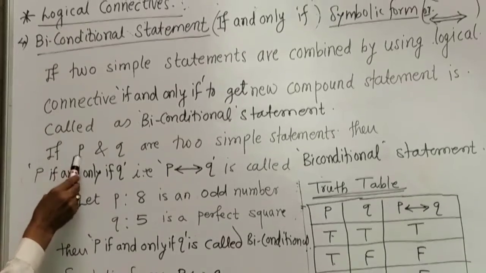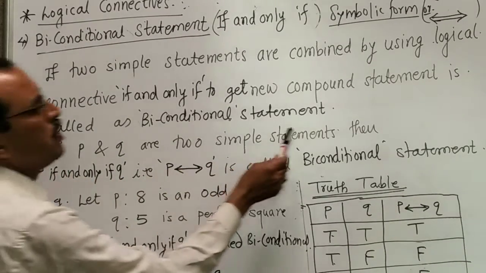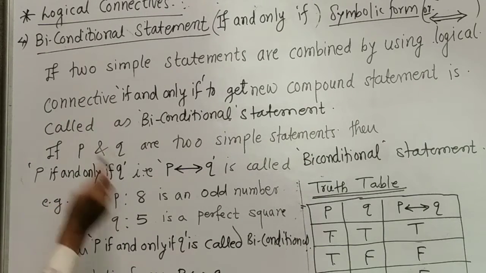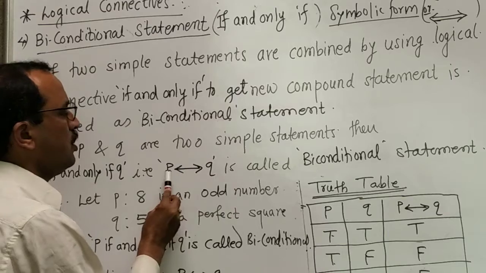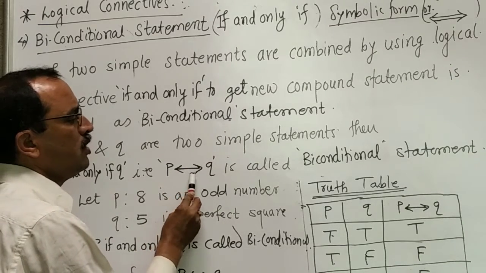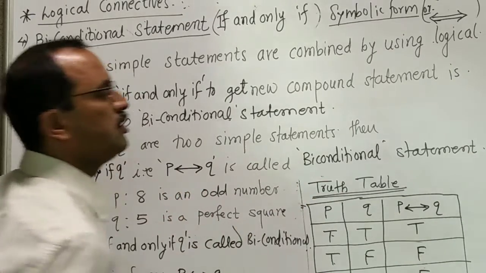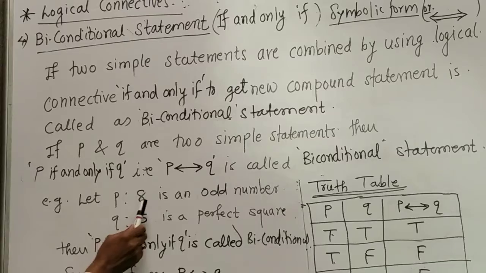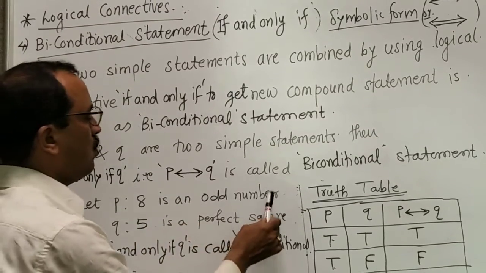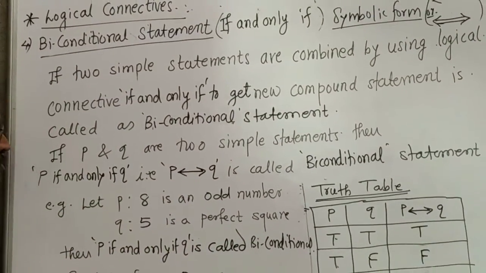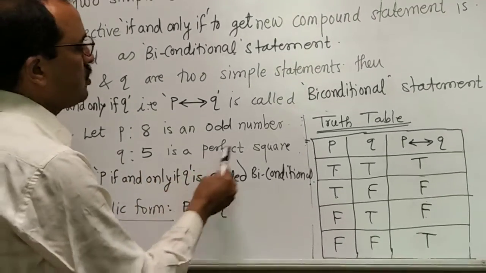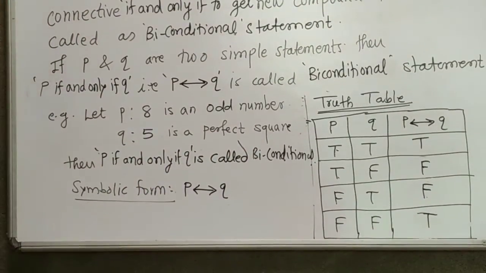Here we consider two simple statements P and Q. Then we write P, if and only if, Q in symbolic form, which is called a biconditional statement. Now we consider one example. Let P be the statement "8 is an odd number" and the second statement Q "5 is a perfect square".